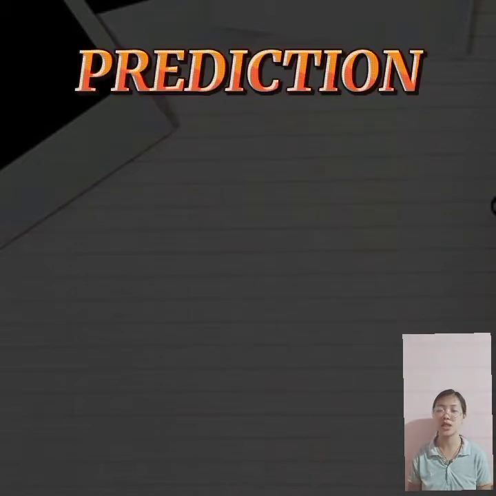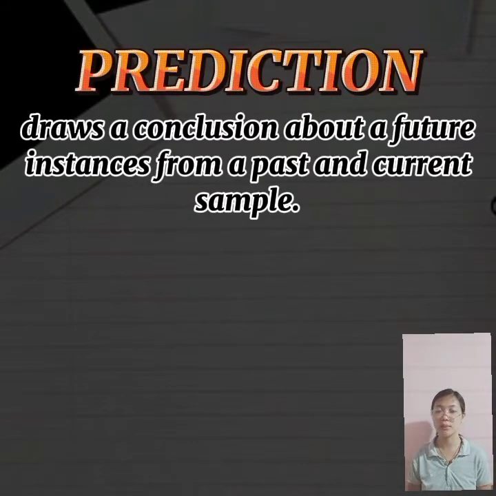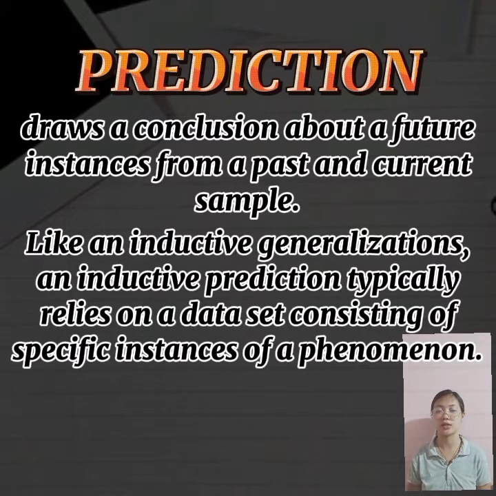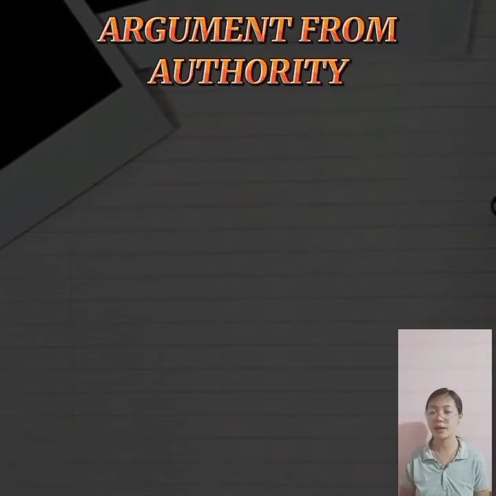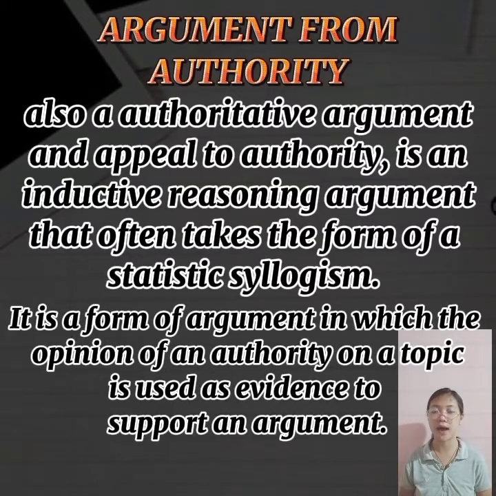Sixth, prediction draws a conclusion about a future instance from a past and current sample. It relies on a data set consisting of specific instances of a phenomenon. This type of reasoning draws a conclusion about the future based on a past sample. Seventh, argument from authority, also called an authoritative argument or appeal to authority, is an inductive reasoning argument that often takes the form of a statistical syllogism.